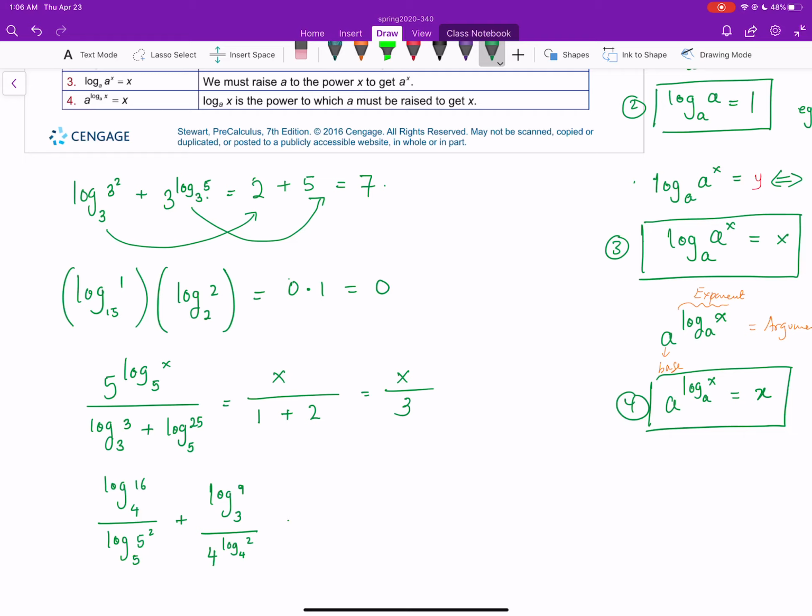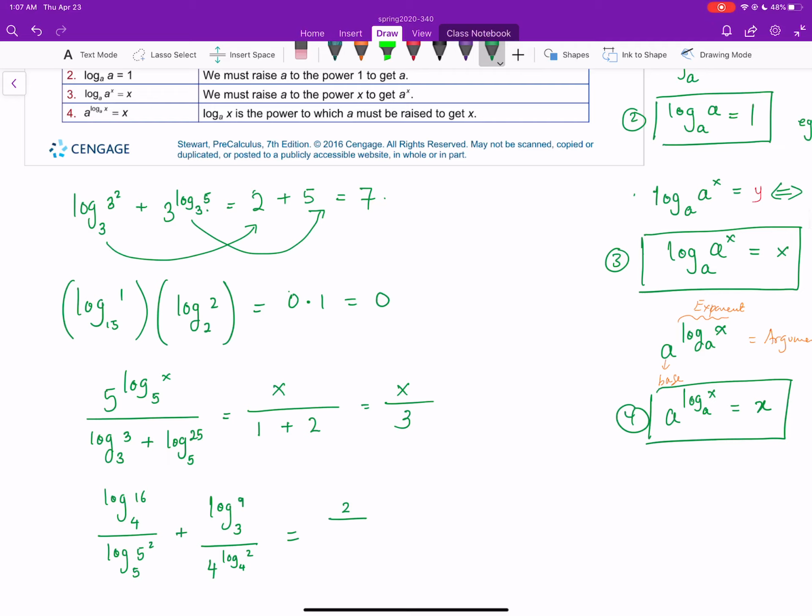Okay, so I have a lot going on over here, but really, if we look at the numerators and denominators, we can simplify each of them using the properties of what a logarithm means. If I look at the numerator on the left, to what power should I raise 4 to give me 16? That's just 2. And then if I look at the denominator, it says log 5 of 5 squared. What is that equal to? To what power should I raise 5 to give me 5 squared? That is property number 3.